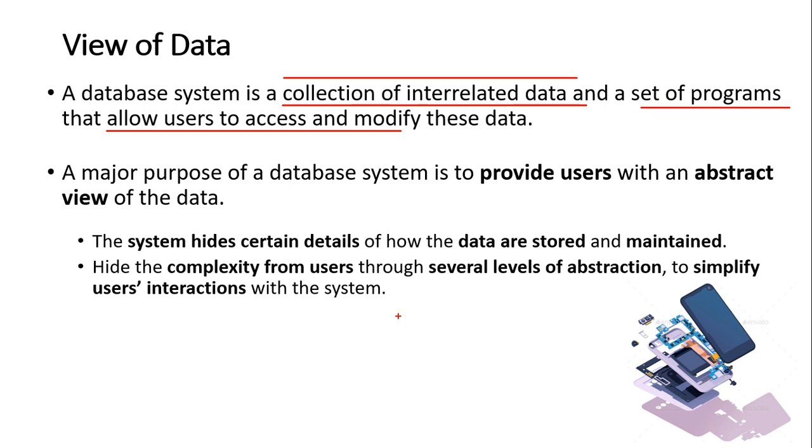One of the major things that a database management system should do is to provide the users with the required information. In other words, it must provide an abstract view of the data to the users.